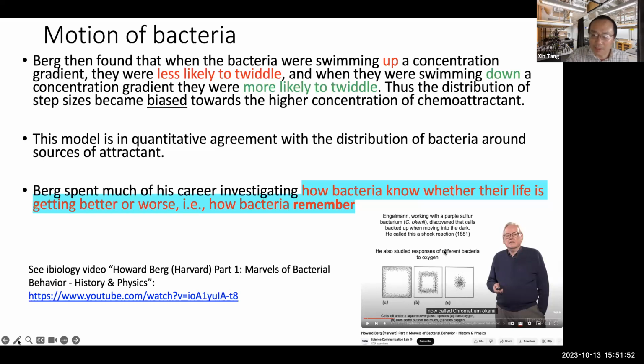He is explaining the experiment done with different sources of nutrient. Here you use oxygen as a source. He explained different patterns can be generated when the nutrient source is designed differently in the experiment. So feel free to watch those videos and learn more.